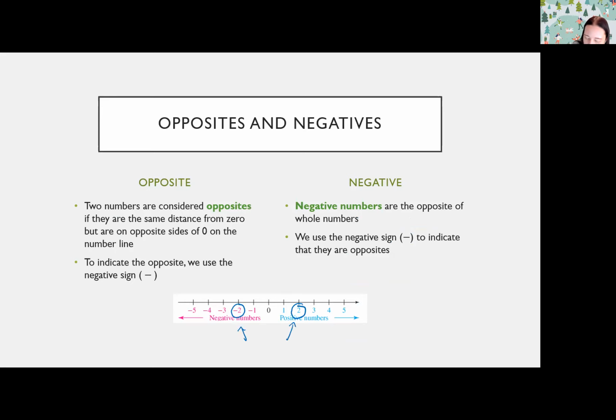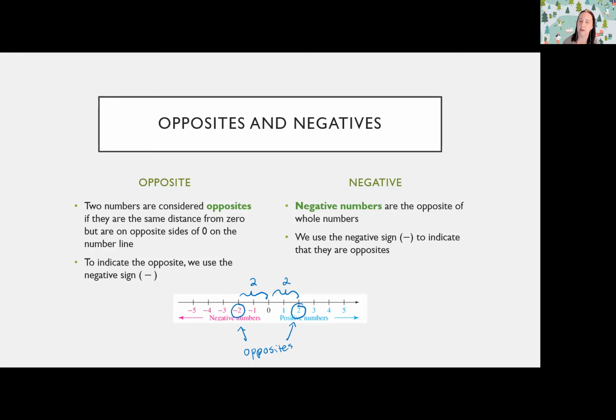They're both 2 away from 0. There's a distance of 2 in either direction. So they're the same distance from 0, but they're on opposite sides. Those are opposites. And we indicate that something is the opposite, or that we want to do the opposite, by using a negative sign in front.